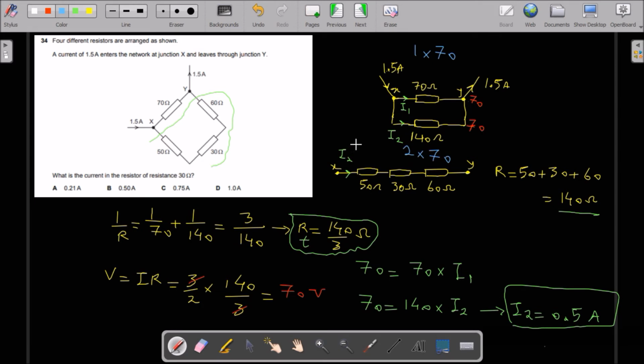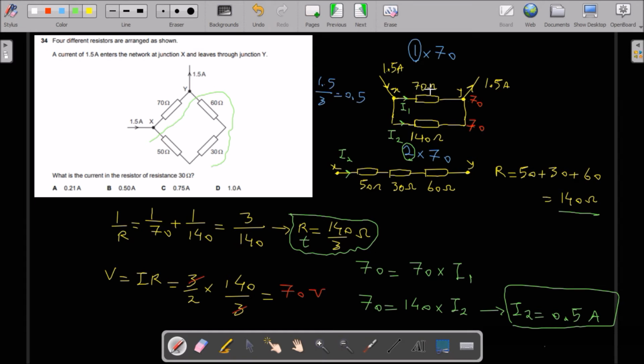So what does it mean? It means if I divide 1.5 ampere divided by 3, it gives 0.5. Then 0.5 times this coefficient gives current for 140. 0.5 times this coefficient gives I1.